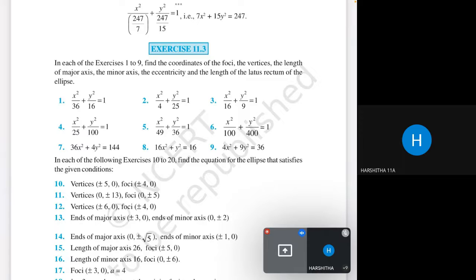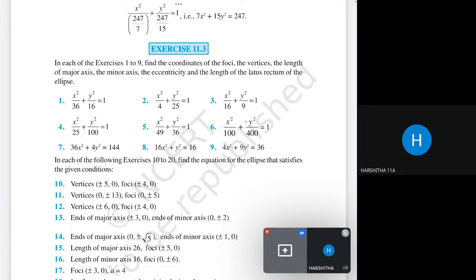If you get A and B, you can get the foci value C. So what is the relationship between A, B and C? Most students get confused and forget it. Always remember that A is the greater value, so A square equals the sum of the remaining two squares: A square is equal to B square plus C square. Try to remember this condition.